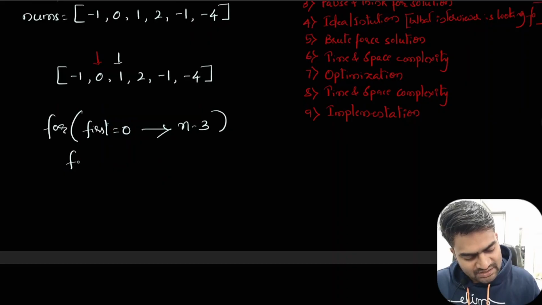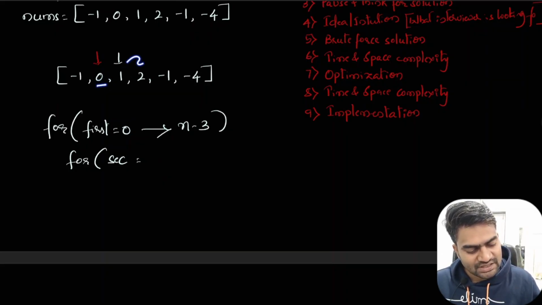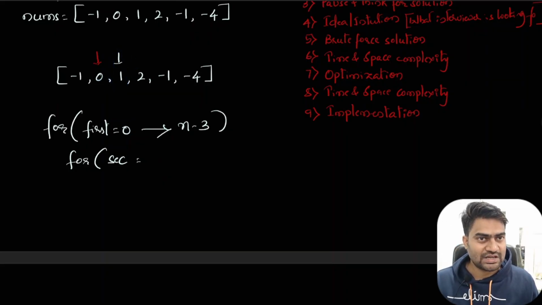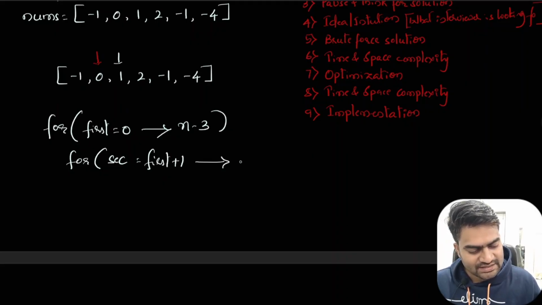Then I will use my second pointer. So now if you see, our second pointer always starts after my first pointer, one place after my first pointer, correct, right? So my second pointer starts from first plus 1 and iterates until not n minus 1, this time it will be n minus 2.